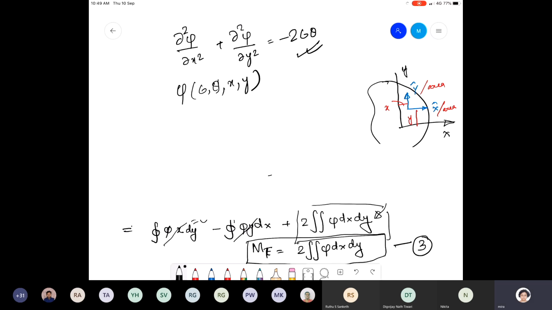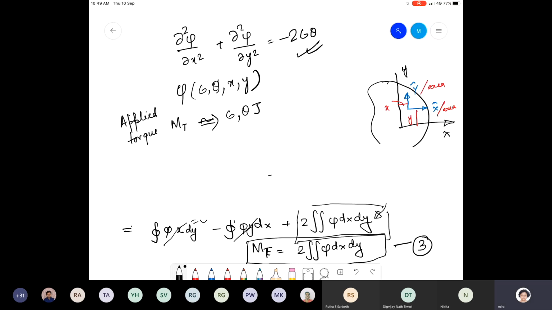Therefore, this mt will be expressed in terms of these, and I can get my applied torsional moment, applied torque, as some g theta into j.